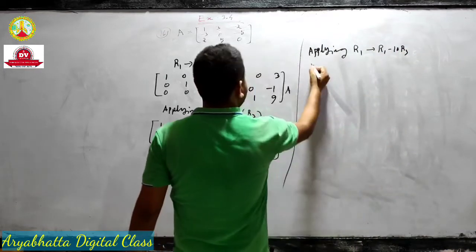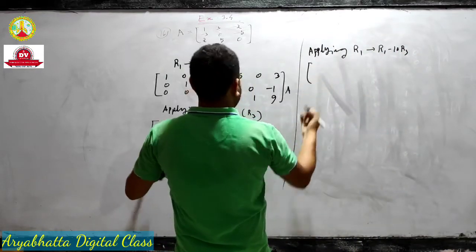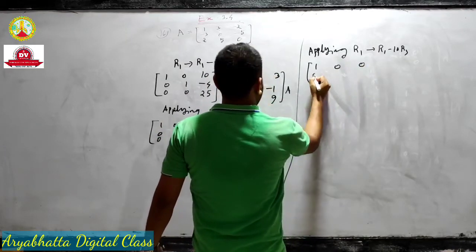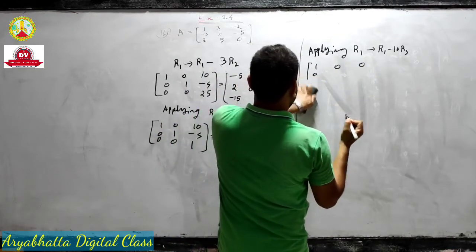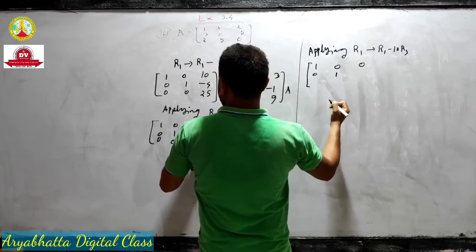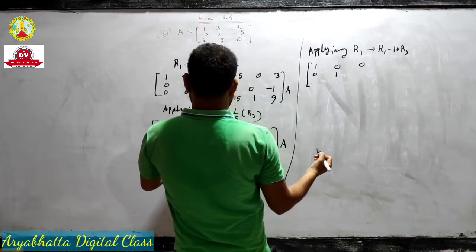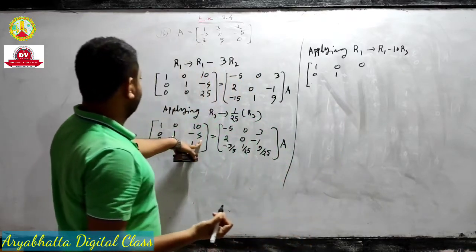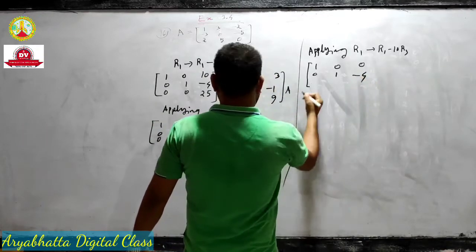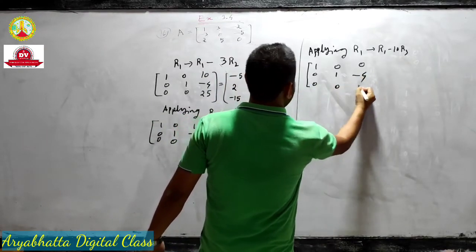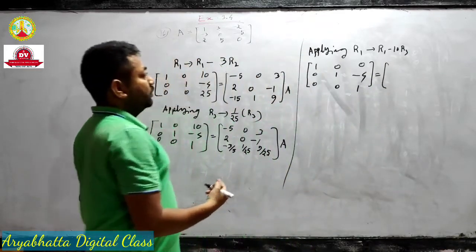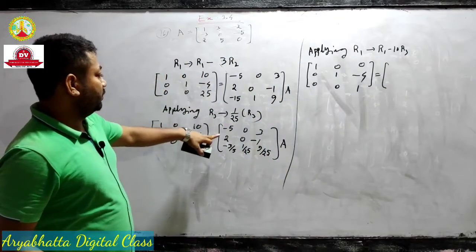Then we have 1 0 0, and R2 and R3 do not change. 0 1 minus 4, and 0 0 1, equal to R1 tends to R1 minus 10 into R3.